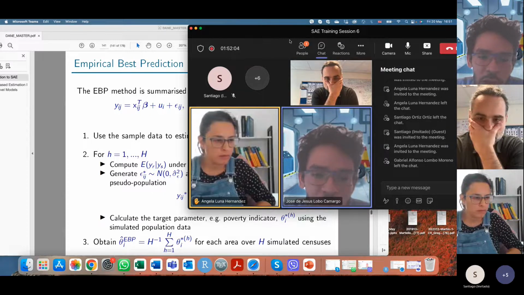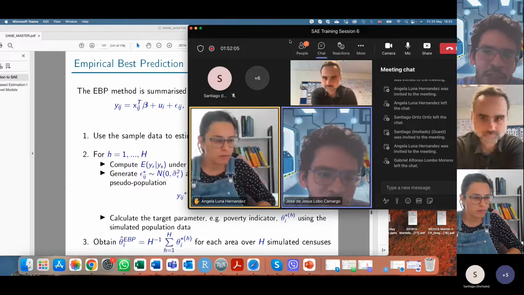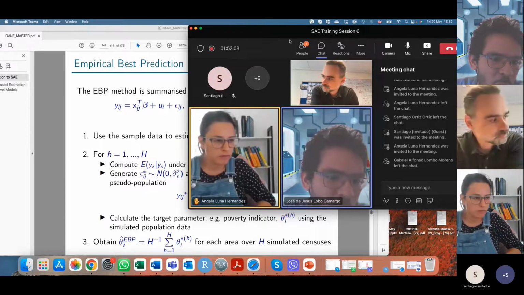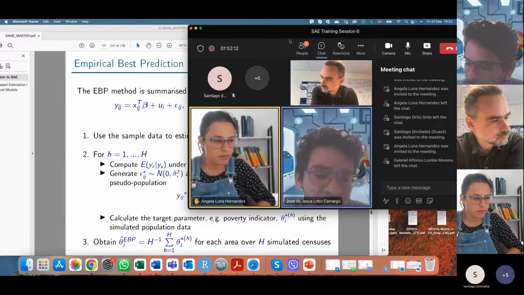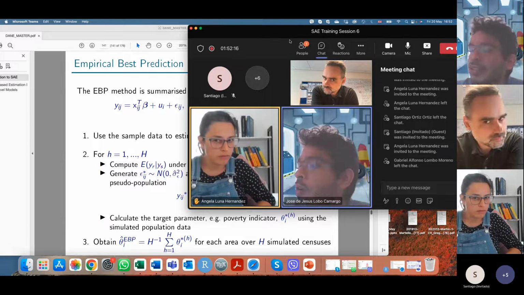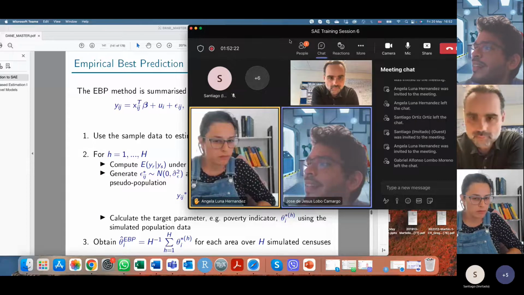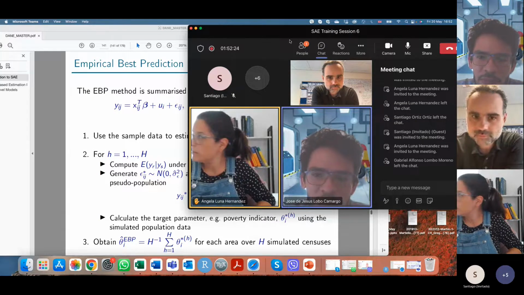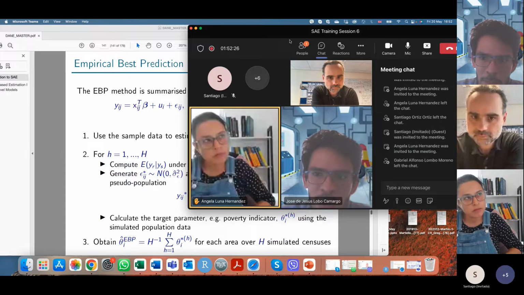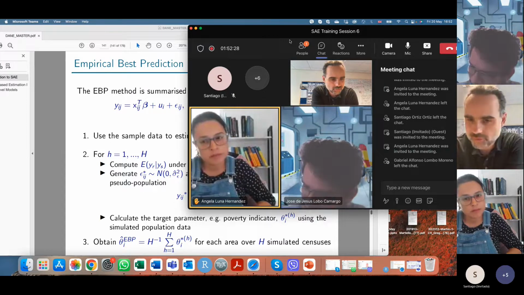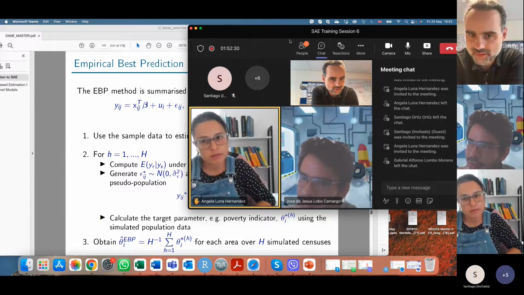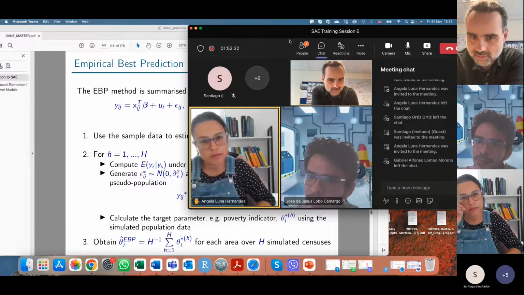We don't use expansion factors in any steps, like in the step where we construct the census data. In the first step, when we simulate the census data, we don't use expansion factors. No. Okay. You mean expansion factors as in the design weights or stuff like that? Yeah? No.